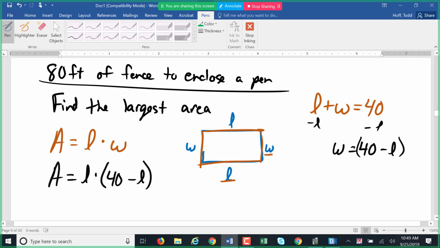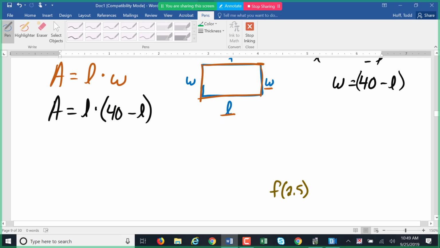So that means I'm going to find that local maximum or minimum. Well, my roots here are the length equals 0, or 40 minus the length equals 0, that would give us L equals 40. Those are my roots.